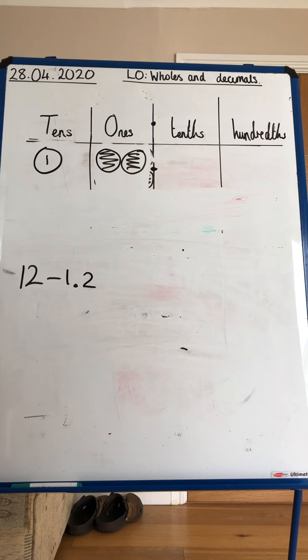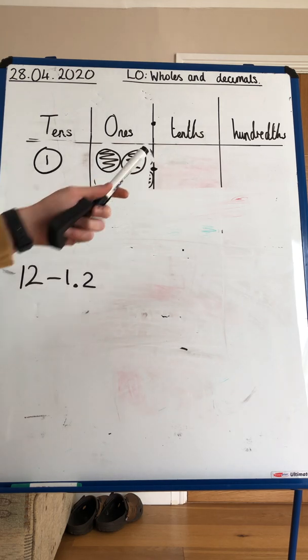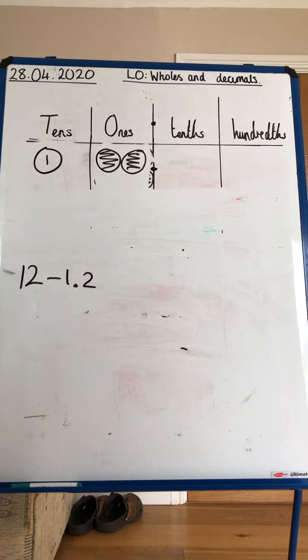Now, in the place value grid, we don't actually have any tenths, so you can't do 0 tenths take away 2 tenths. So what are we going to have to do? We're going to have to exchange, okay? Now, we're going to exchange one of our 1s for how many tenths? We're going to exchange it for 10 tenths, okay? Because 10 tenths make up 1 one.